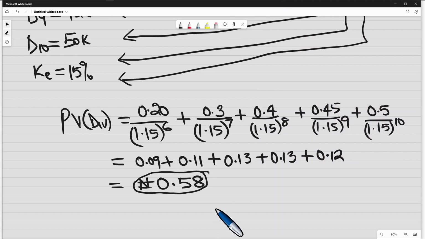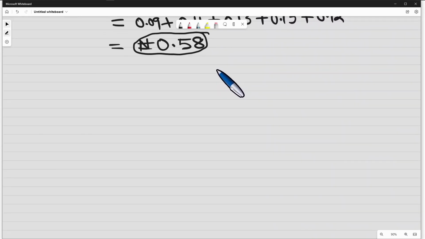The second part of our answer is we find the price at year 10 when we have a constant growth using the Gordon growth model. Don't forget our Gordon growth model is this.